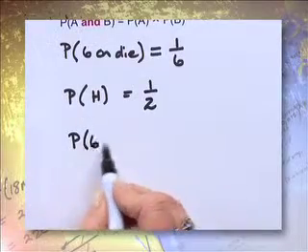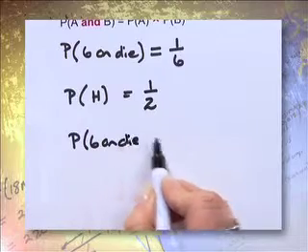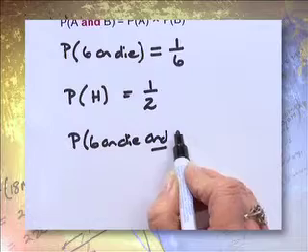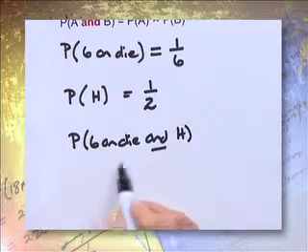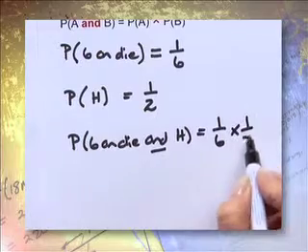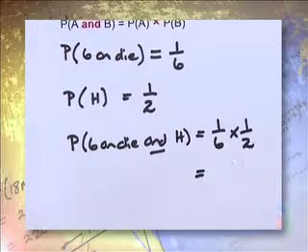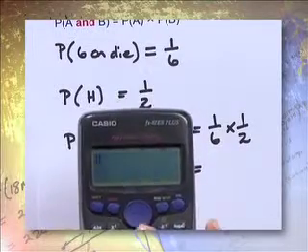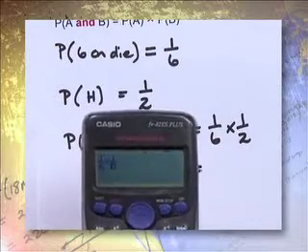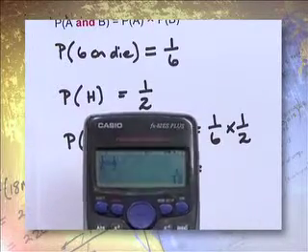So putting the two together, the probability of a 6 on your die and, and is your operative word there, a heads on the coin is going to be 1 over 6 multiplied by 1/2. Do you remember how, on your calculator, anytime you're stuck, use your calculator. So it's going to be 1/6 multiplied by 1/2, and that gives you 1/12.